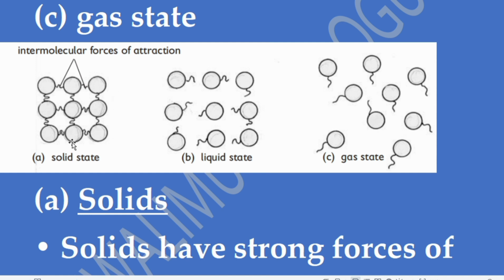For the solid state, you will see that they have stronger intermolecular forces, because the forces are bringing them closer to each other as compared to liquid, where they are weaker.